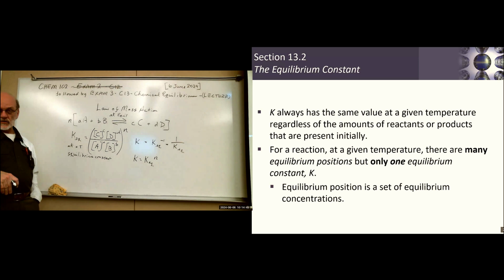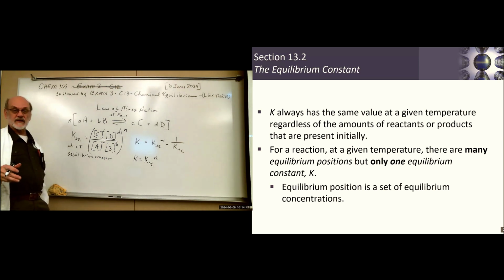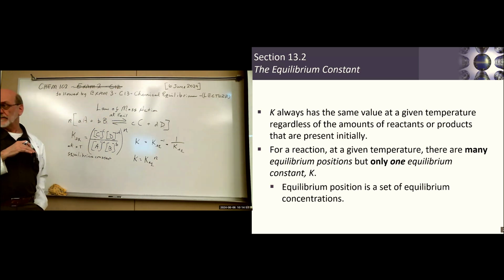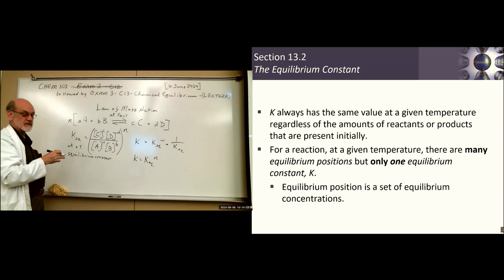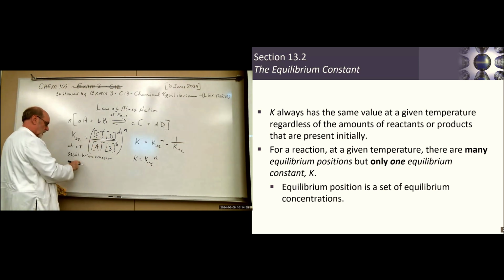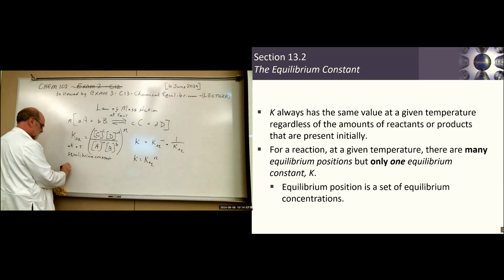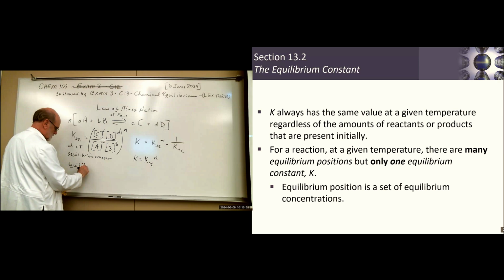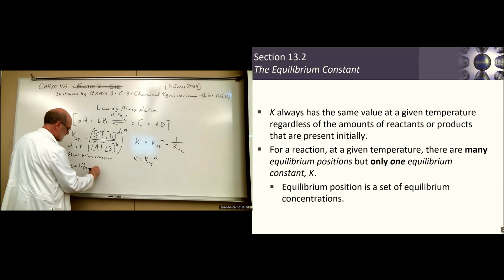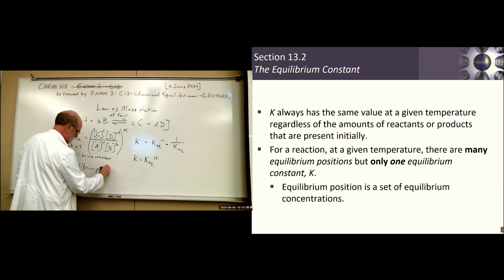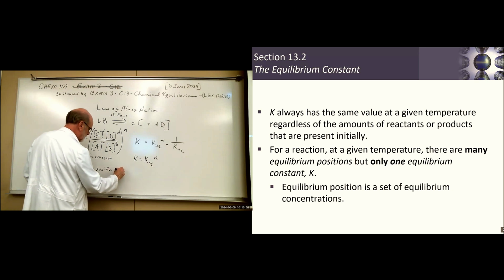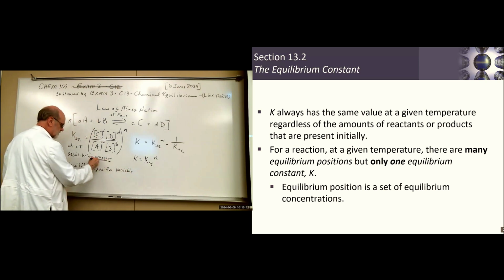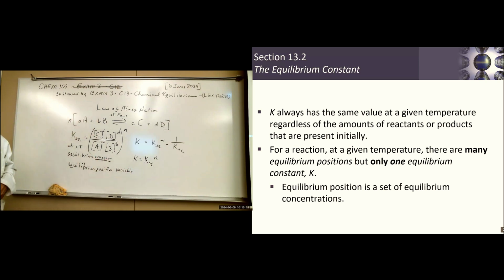You're going to end up with a new position that has different concentrations than you had before. And different concentrations in this expression will always give you that one. So the equilibrium position is variable. But the equilibrium constant is just that. It's constant.